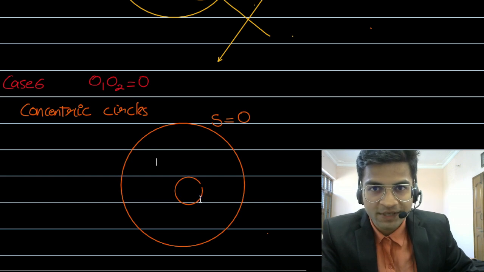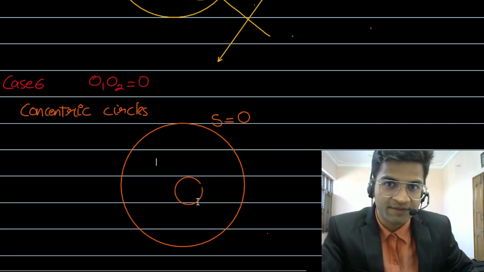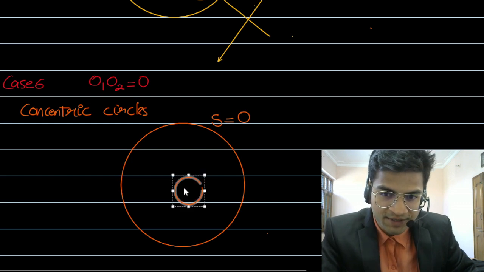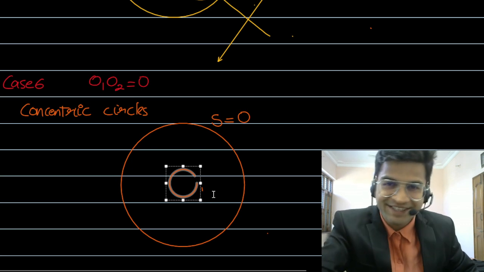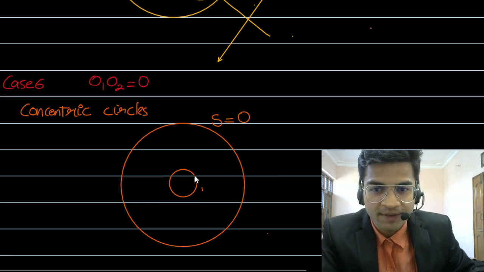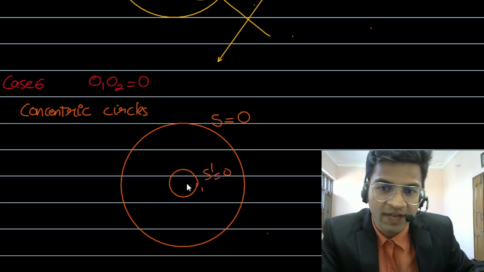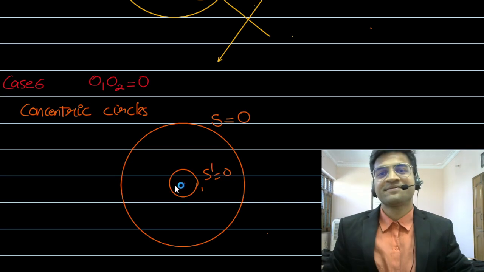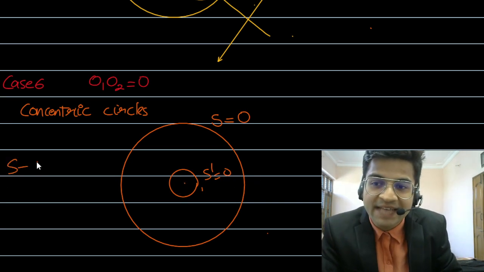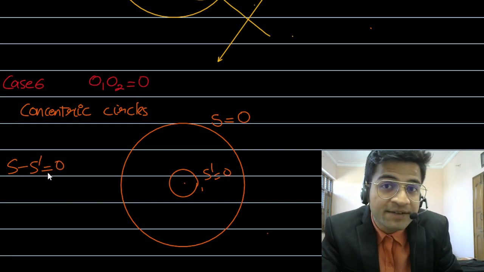I hope you have got the reason why there will not be a radical axis. It's fine now. So this is S dash equal to 0, and what we can see is they both have the same centers. Now what does S minus S dash equal to 0 represent?